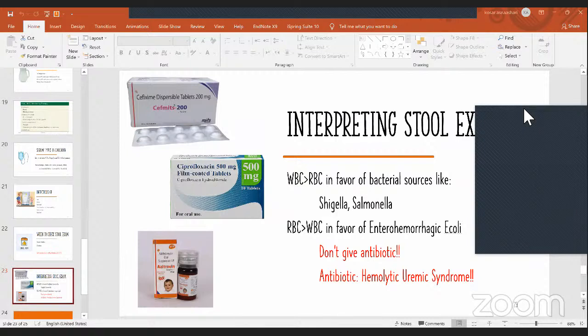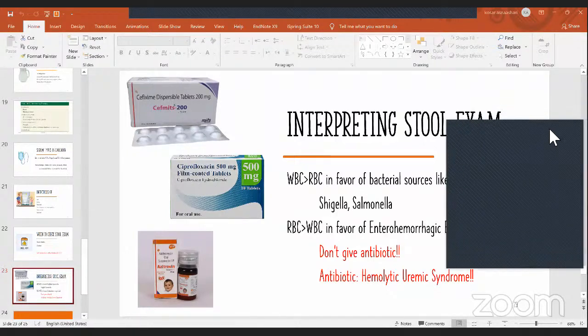So about the question that you asked about parasitic infections, yes, parasitic infections can cause abnormalities in stool exams. And that's why we always check for stool culture, because based on white BCs and RBCs, we cannot judge the pathogen easily.